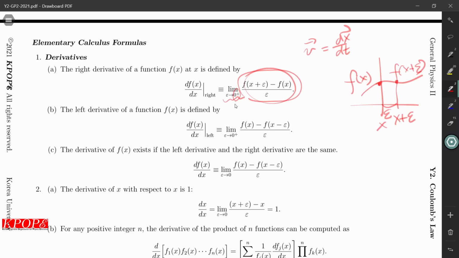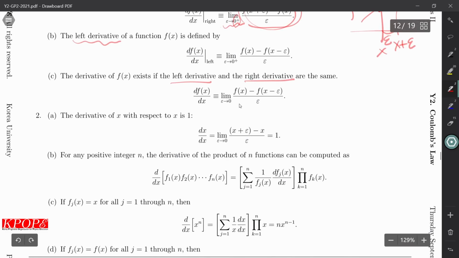We find this is the right derivative. If we do the same job on the left side, this is a left derivative. Derivative exists when the left derivative is the same as the right derivative. Very simple derivative: the x derivative of x is 1. Trivial problem.